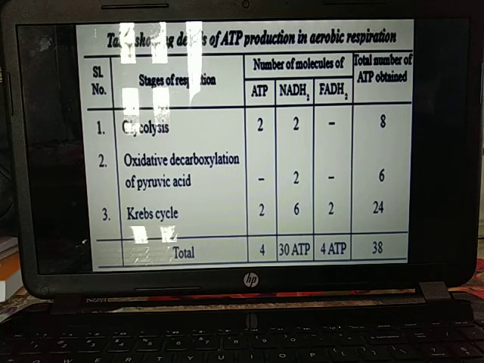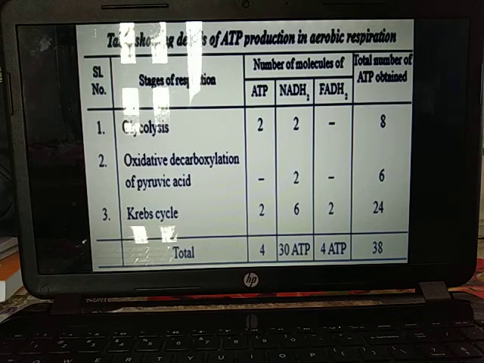Succinyl coenzyme A takes part in the synthesis of the pyrrole compound of chlorophyll, cytochrome and phytochrome. Oxaloacetate produces another important amino acid called aspartate. It also forms pyrimidine and alkaloids.